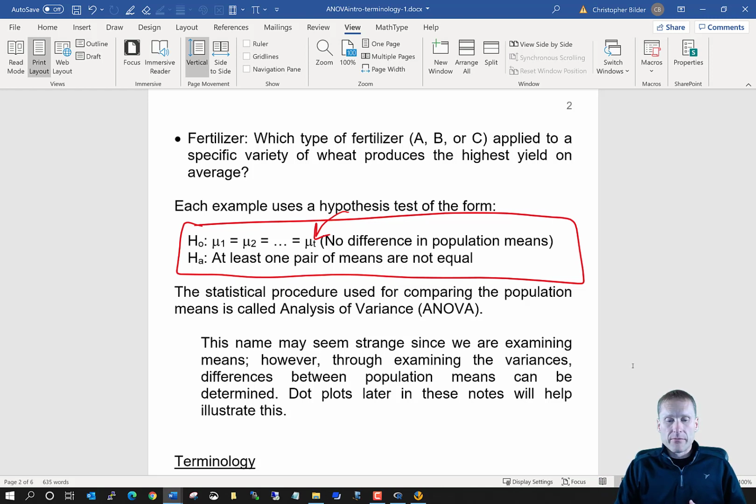So again, the statistical procedure that's used to do a hypothesis test like this, and to continue doing some other stuff involving these means, is called analysis of variance. This name again might sound strange, but how we can actually determine which means are unequal to one another comes down to looking at different measures of variability.